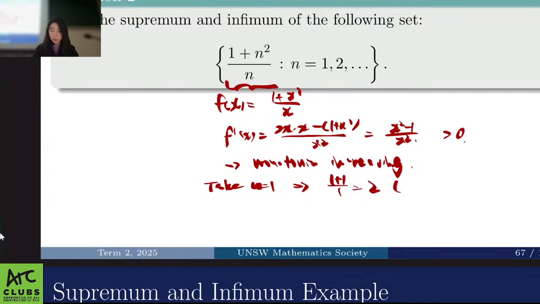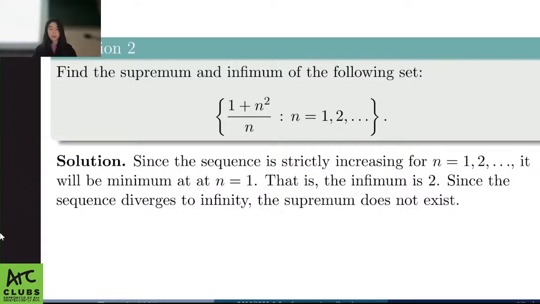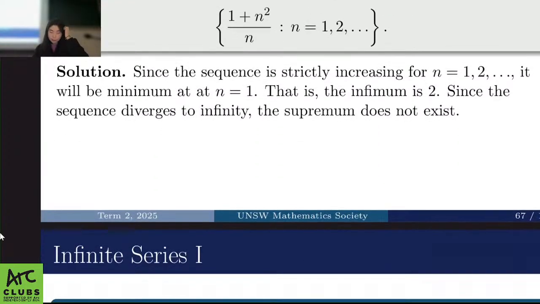So we know that 2 must be its infimum because all of the terms after this are going to start increasing. And because we know this is monotonic increasing, it obviously is not going to converge. So therefore, there's no supremum because it diverges to positive infinity. So here's the reasoning. Notice that they just said strictly increasing, but if you want to prove that, you have to evaluate its first derivative.